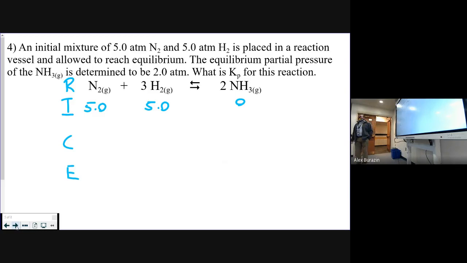So I got the table, I just totally forgot what I need to do. Because it says the initial is 5, so you can't have any, because that's equilibrium. The 2 is equilibrium.